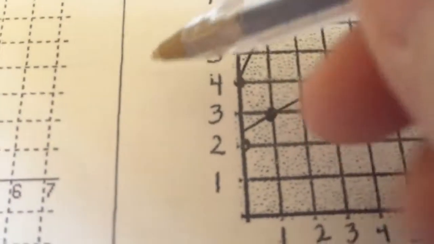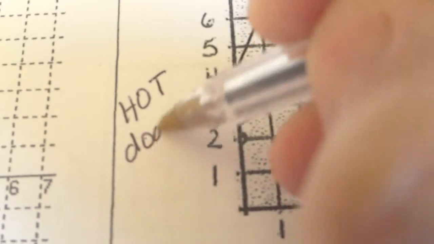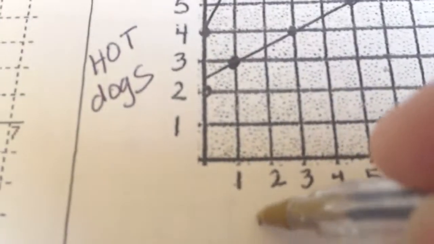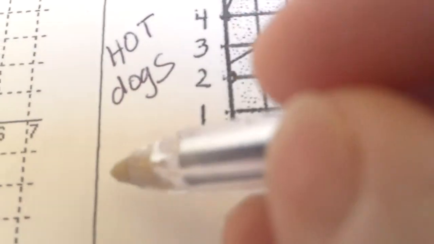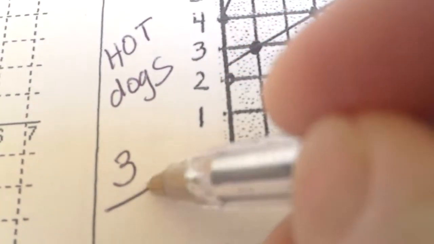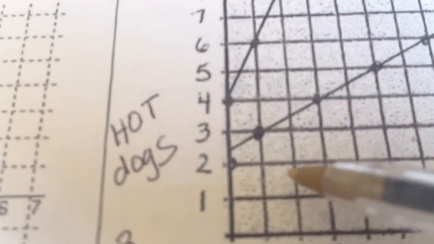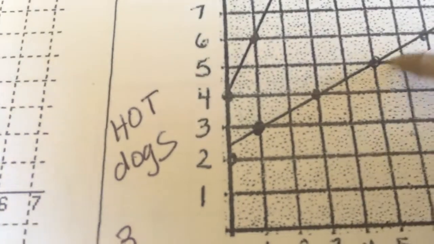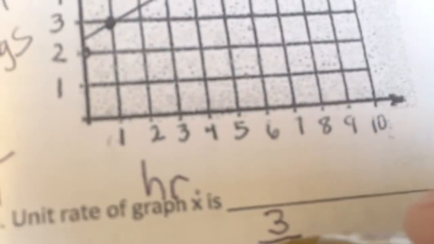Let's just pretend this is hot dogs, just for fun, and let's pretend this is per hour. So in 1 hour, it would be 3 hot dogs, so 3 hot dogs per 1 hour. That's my unit rate for this graph right here, which is Y. So Y is 3 per 1.